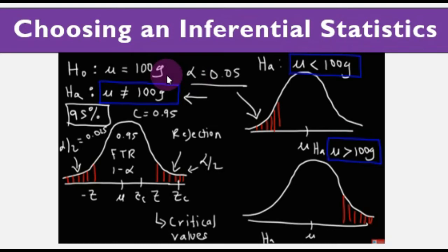So, kung 100 grams yun, ang null hypothesis mo is, it's not equal to 100. Ang alternative, it's equal to 100. Okay, so dito, ang inaano natin, explain muna natin ito.